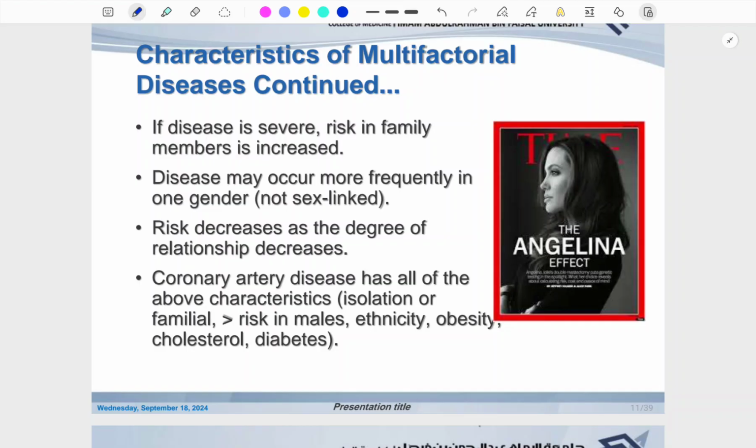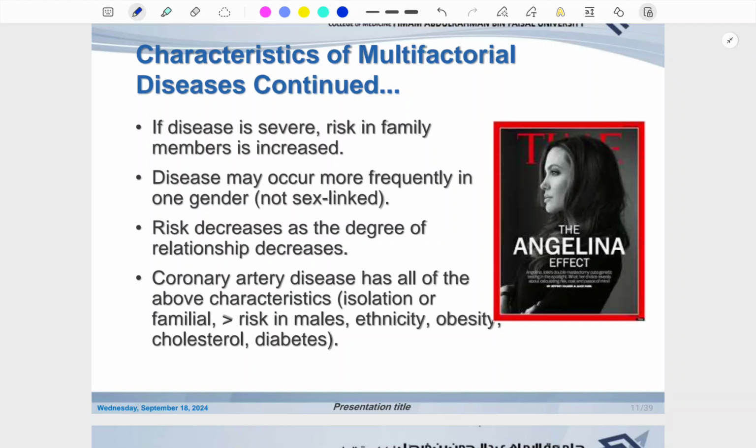So she thought, that's it, I'm done for. She went and tested herself, genetic testing. And they found that she is carrying the pathogenic mutation in BRCA1 which her mother had. Which means by the age of 40, she will develop breast cancer.